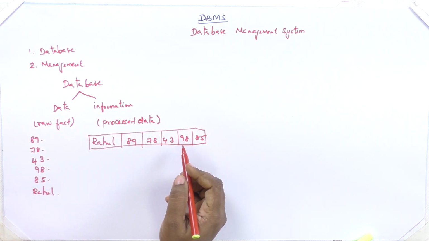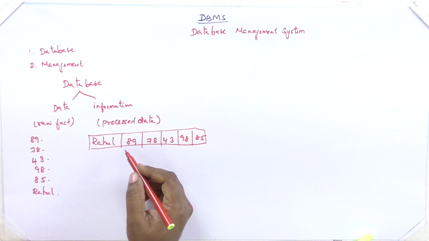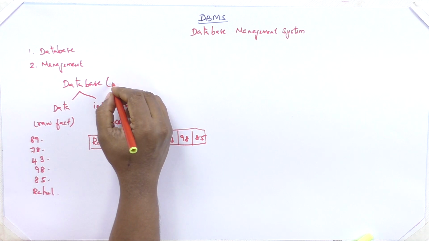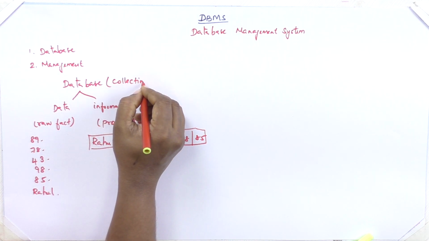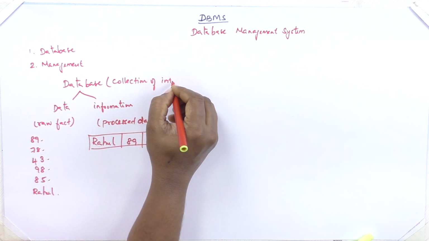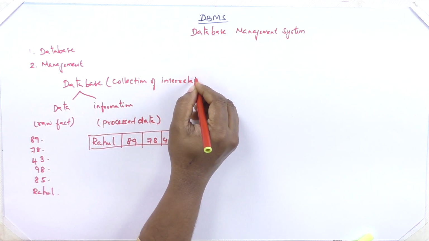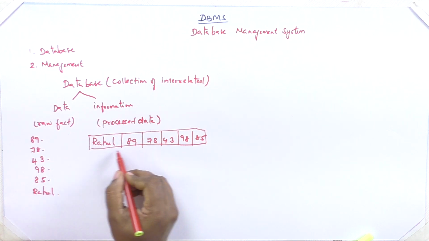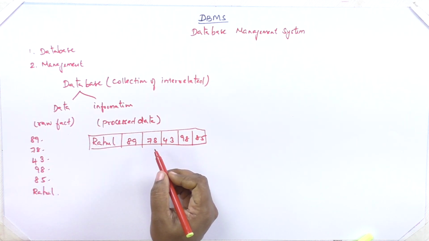So database is defined as a collection of interrelated data. Interrelated means we should know the relationship between the data that exists.